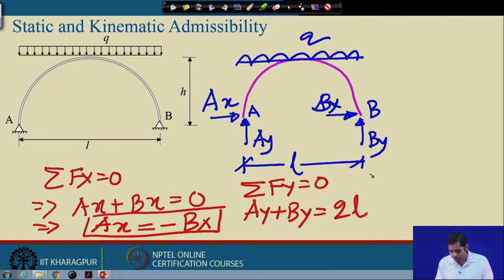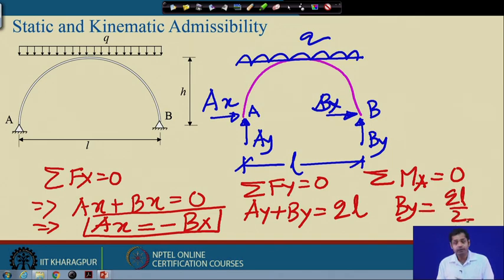Now, we have summation of moments about A is equal to 0, if you apply this. This gives us By is equal to qL by 2, right. If By is equal to qL by 2, if I substitute this, then we have Ay is equal to qL by 2.